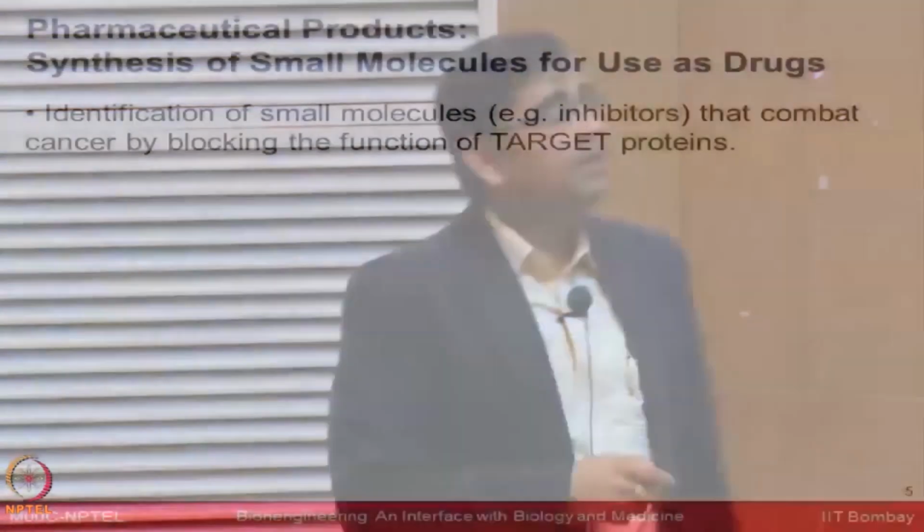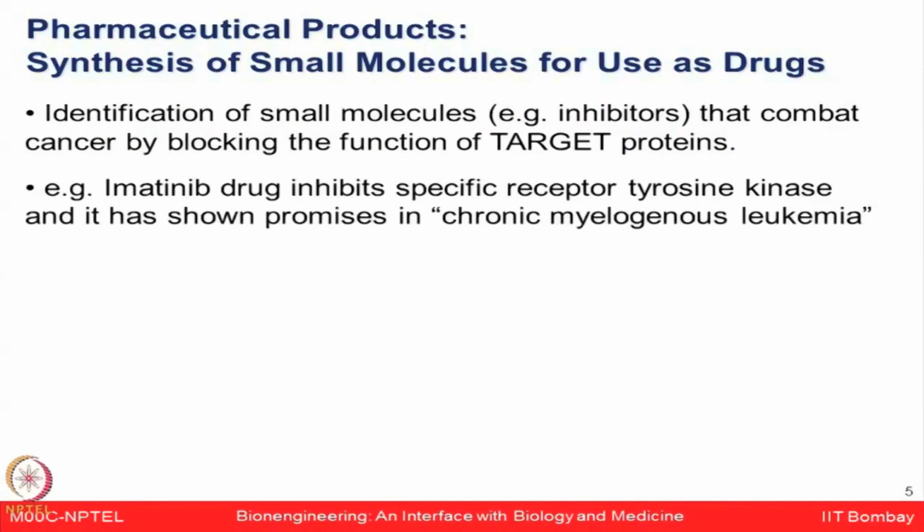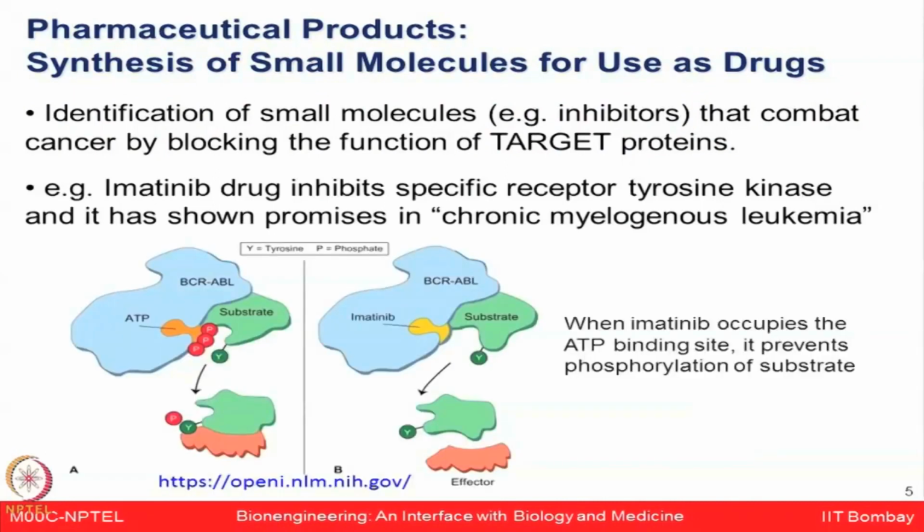So a lot of companies are developing different drugs, and in this case, if I show you, this is a protein BCR-ABL. Now people have studied how it binds with ATP, and if it binds with ATP and the substrate binding happens, then that results in phosphorylation activity, which becomes very detrimental for these individuals.